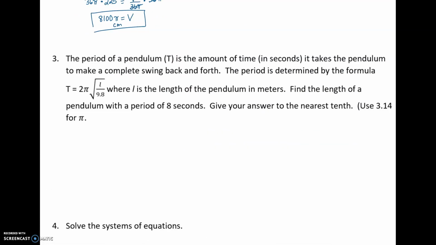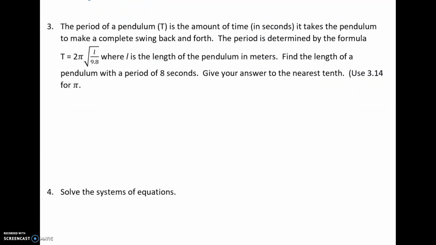Okay, let's look at the next one. The period of a pendulum T is the amount of time in seconds it takes the pendulum to make a complete swing back and forth. The period is determined by the formula T equals 2 pi times the square root of L, that's a fancy L, divided by 9 8/10, where L is the length of the pendulum in meters.